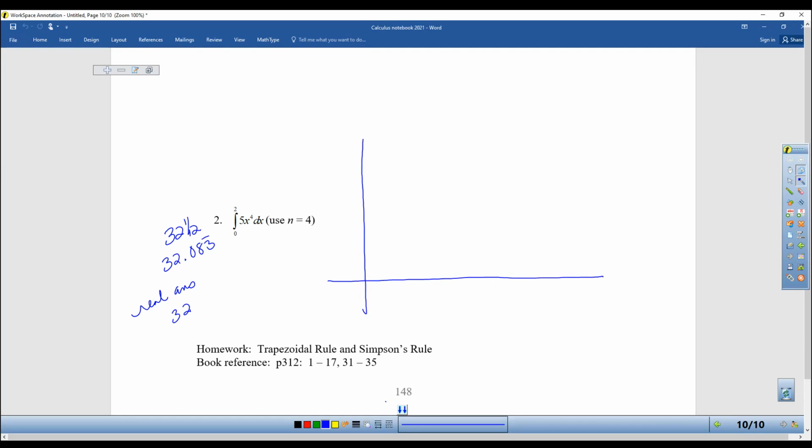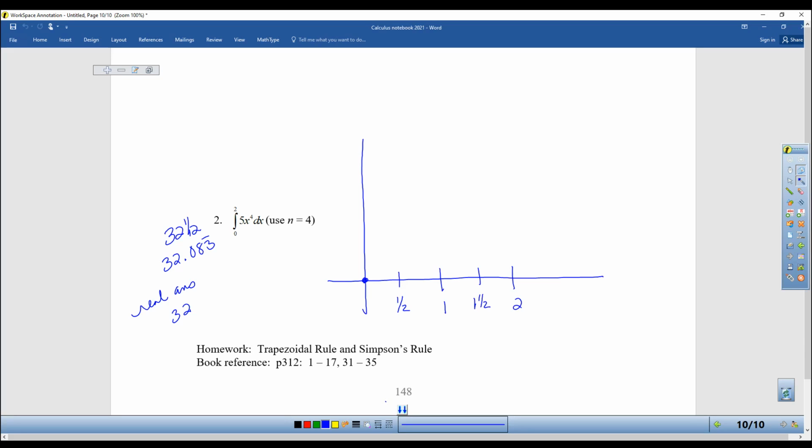We're doing 5x to the 4th. So when you plug in a 0, you get 0. Now we're only going up to 2, but we need 4 subintervals. So we're unfortunately going to have to plug in a 1/2 and then a 1 1/2. So if I plug in a 0.5, so let's see.